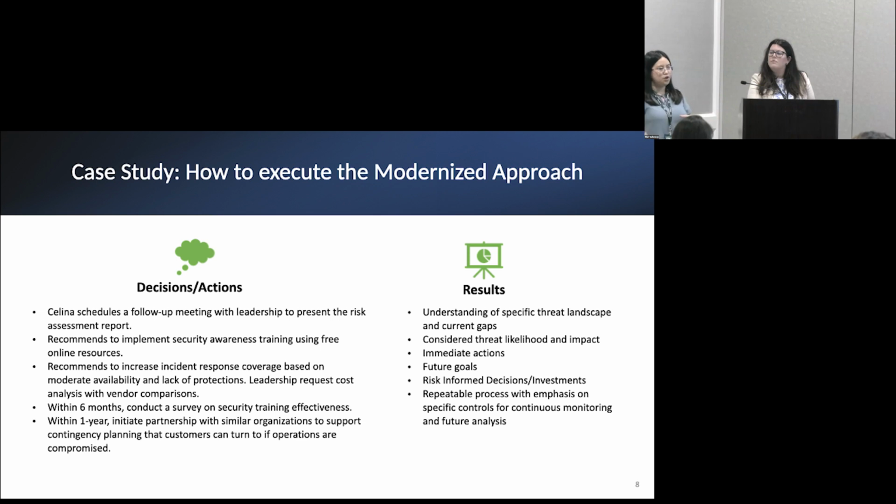In the future, maybe the organization has expanded and we can come back and do a full assessment, or maybe we still have limited resources and we just focus specifically on incident response and security awareness training and monitor that, because we have already identified that these are the most impactful controls specific to my business operations. So, I think that concludes our presentation.